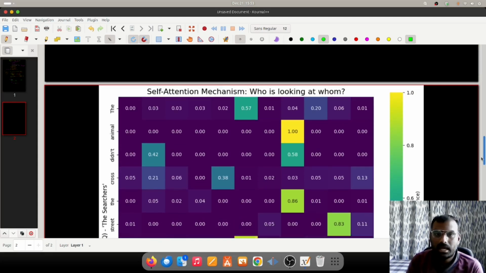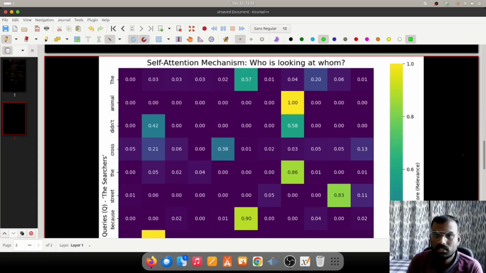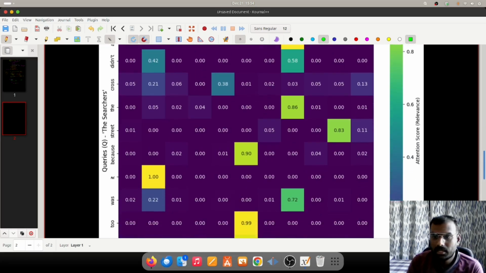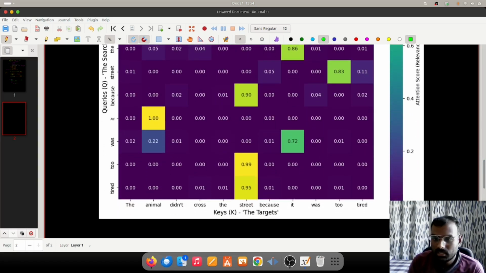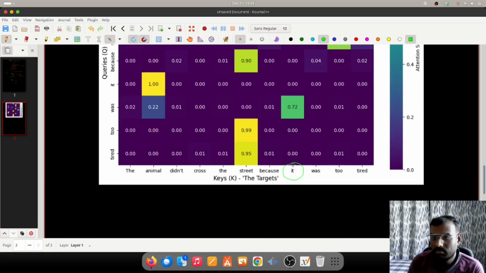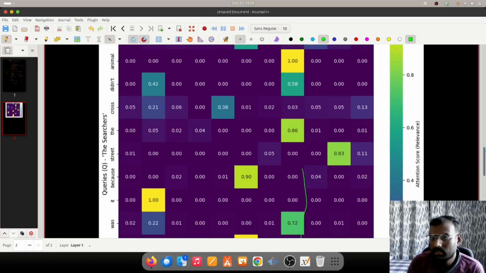I have written a program for this, and I will show you the code in the next video to calculate how the scores are calculated. You can see in this heat map, the word it has a higher value over here, right?